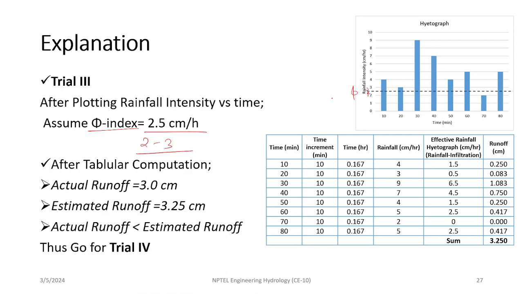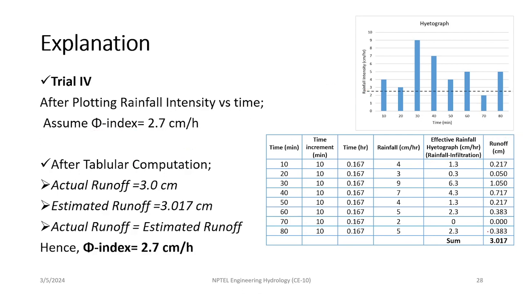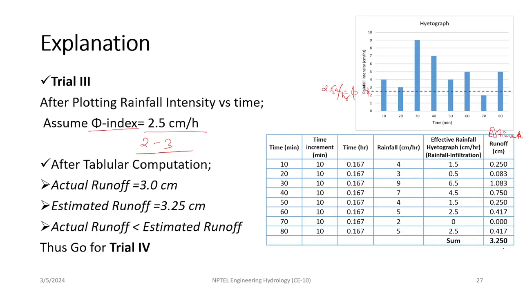So phi here is 2.5 centimeter per hour. See the computation now. We are getting the estimated runoff again, and it is coming to 3.250.